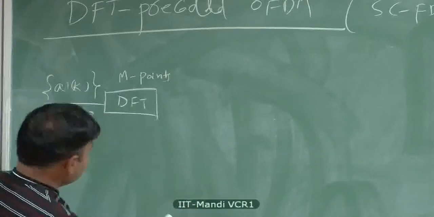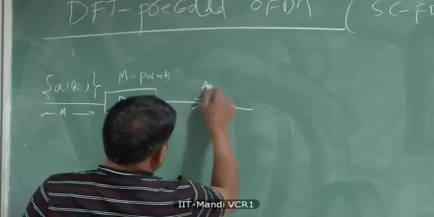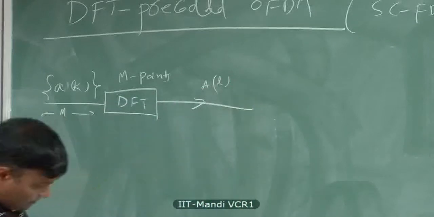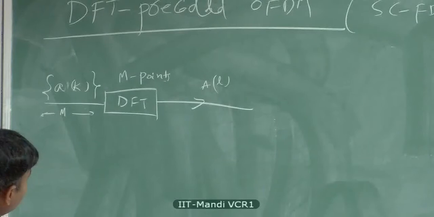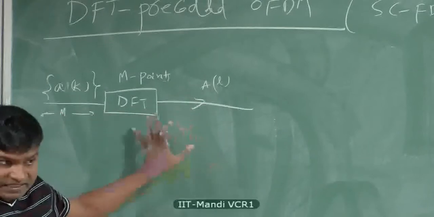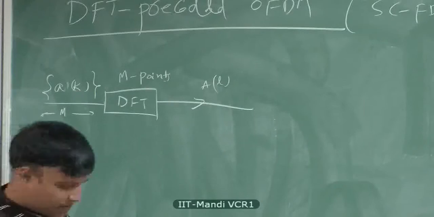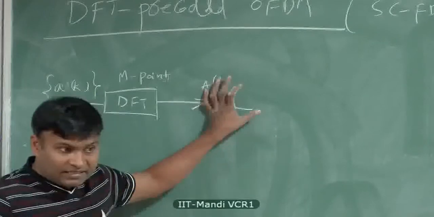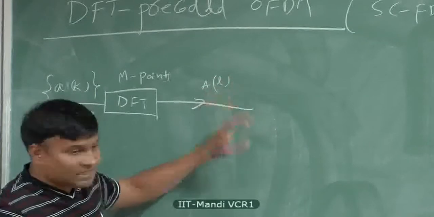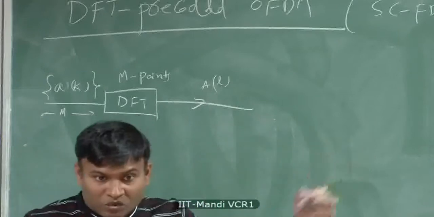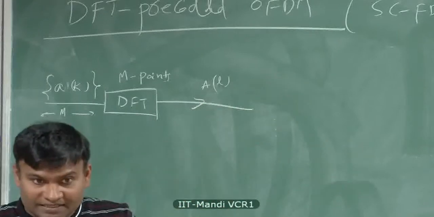And then it produces what is called A of L. Okay, this is the output of the DFT. And L has M points. And you take these L points, this A of L is like X of K in OFDM. We map it onto subcarriers.